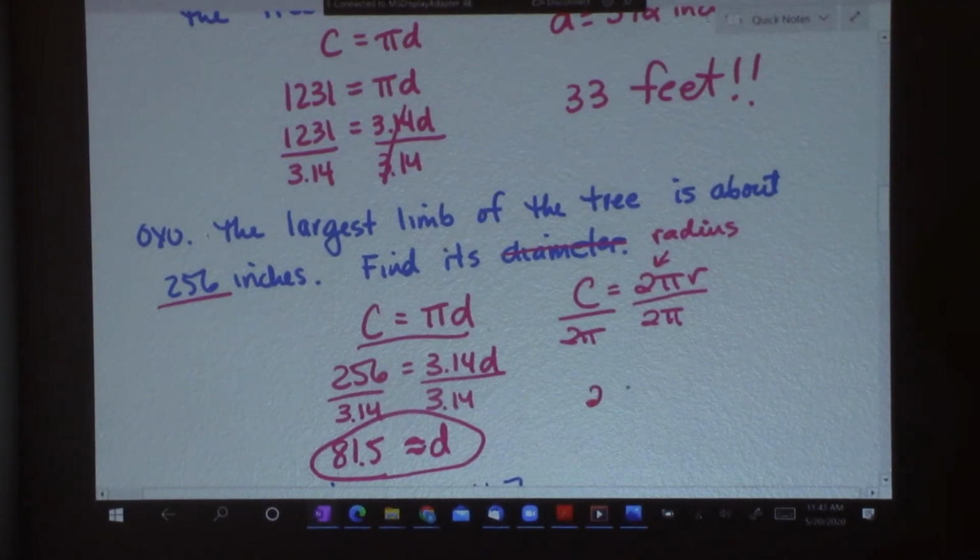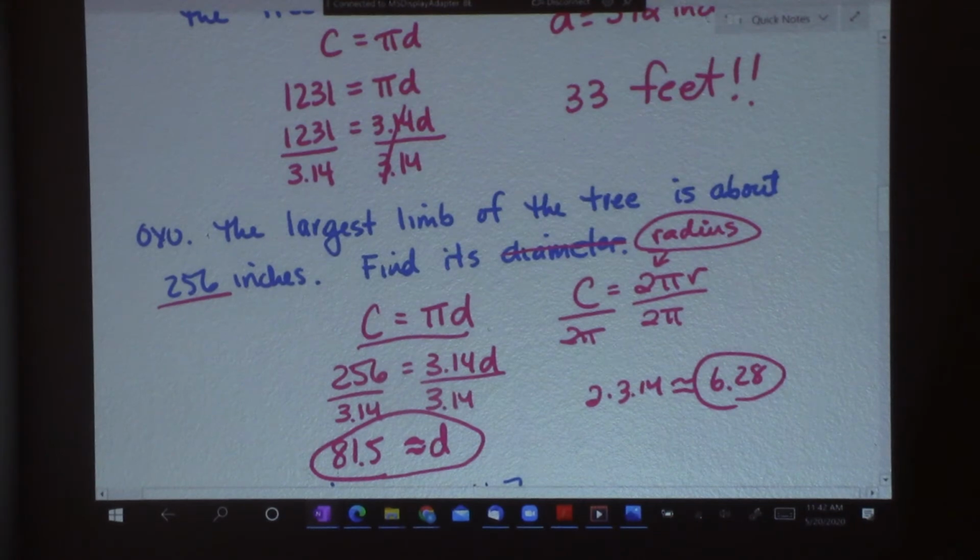So that would be 2 times 3.14. So you wouldn't be dividing by 3.14, you would divide by 6.28. So just make sure that you're using the correct formula for that. That's the only place where you might get tripped up on this.